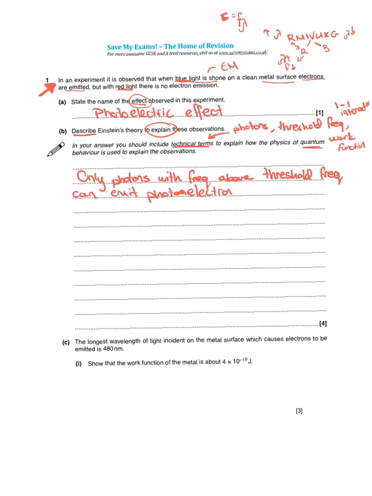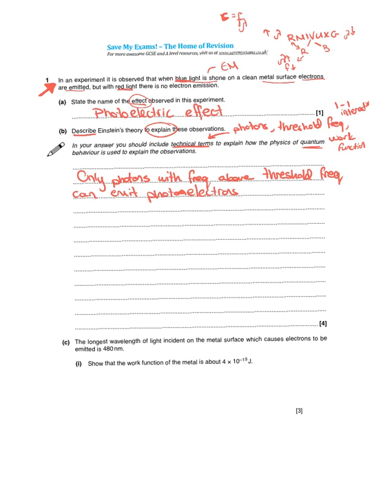Or you can go on to say that only photons with energy above the work function will cause photoelectron emission. This is a very key point, and you should mention it.